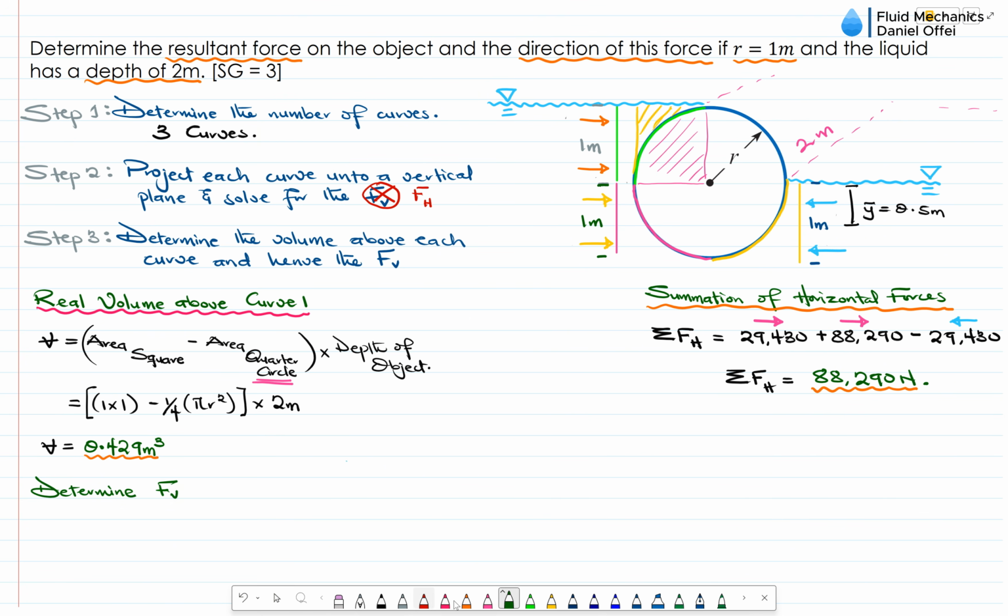Then after doing that, we can determine the vertical force on that curve.